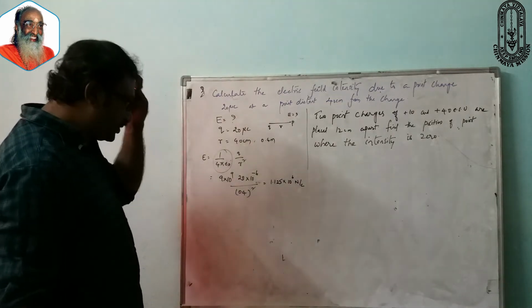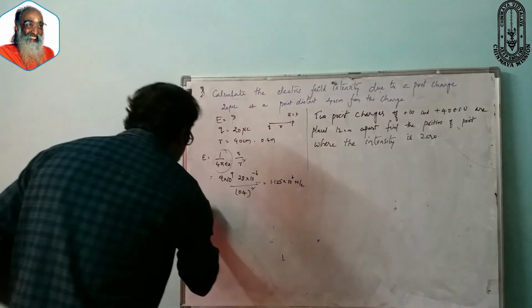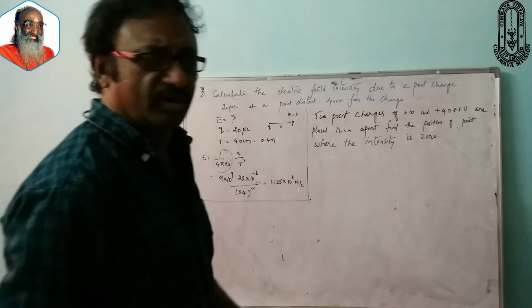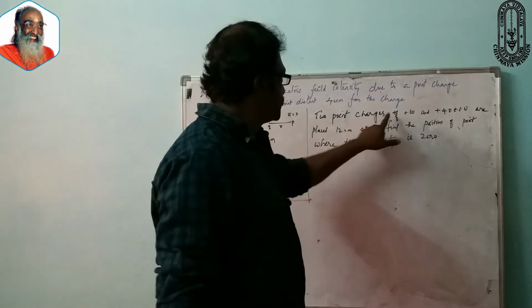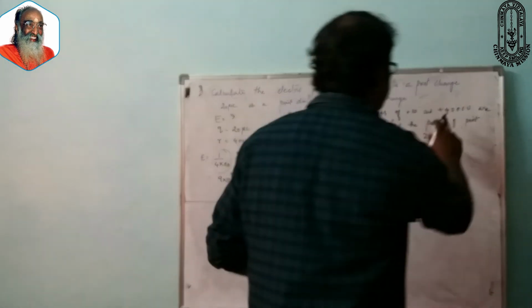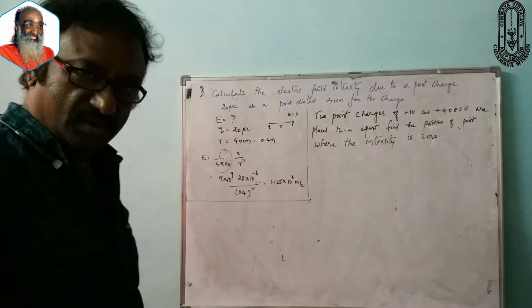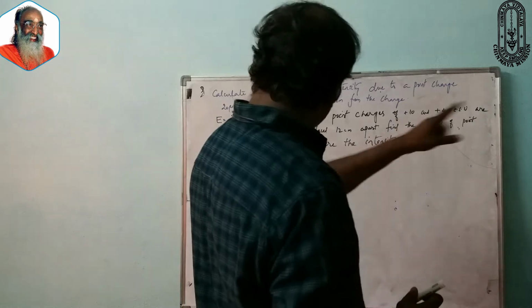Okay, right. So this is a simple problem. I'm coming to the next one. This also will be very simple, if you understand a very small concept here. The 2 point charges of plus 10 and plus 40 ESU. ESU means electrostatic unit, stat coulomb, it's in CGS, are placed 12 centimeter apart.